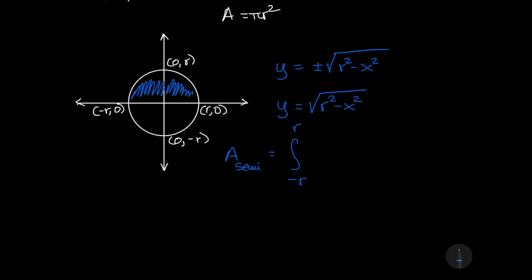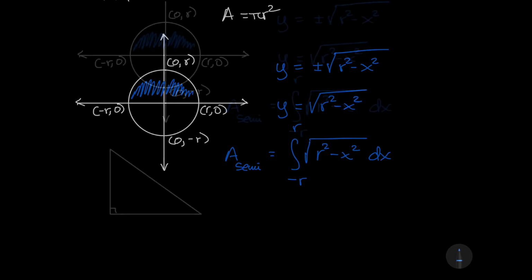Those are the bounds because we're going from negative r to positive r. And the function that we're going to integrate is the equation for the semicircle, which is the square root of r squared minus x squared, and we're integrating with respect to dx. So this is the expression that we need to find the value of.